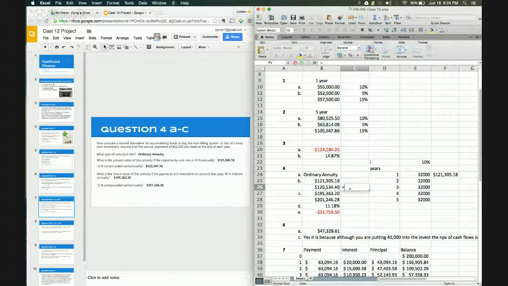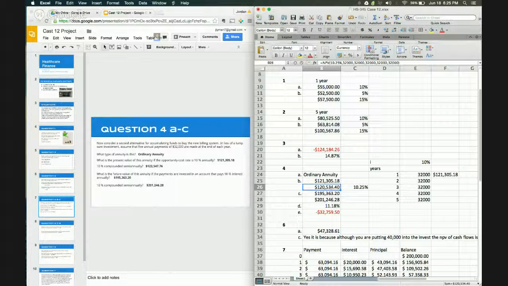The function is called effect. It asks you what the rate is, so we know that it's 10%. And then it asks for the number of periods in a year. We know it's semi-annually, so that's going to be 2 periods. We'll change that to a percentage, and you can see that it is 10.25%.